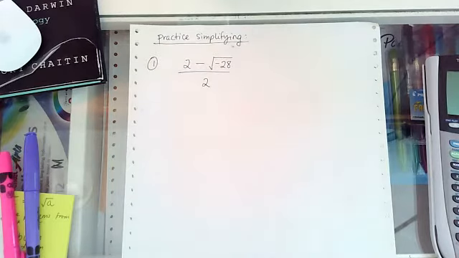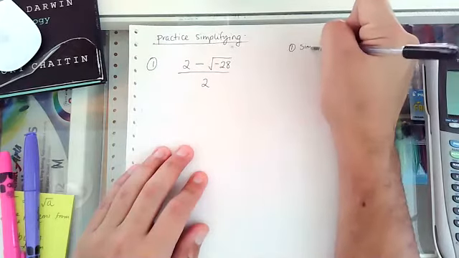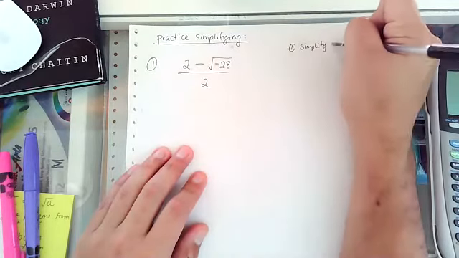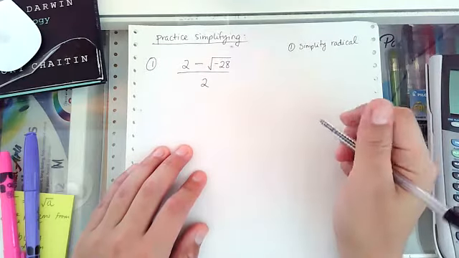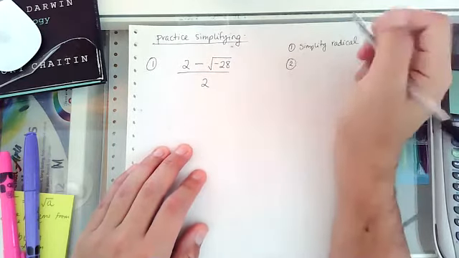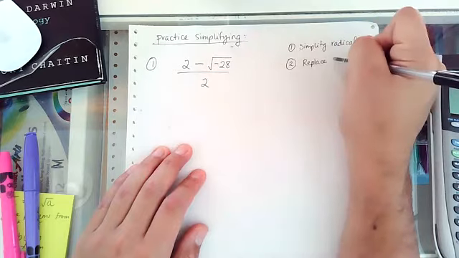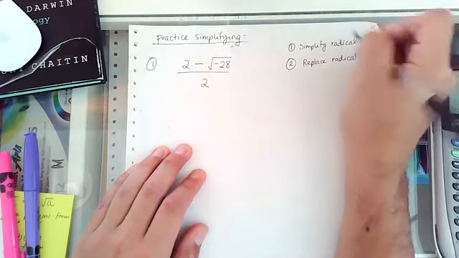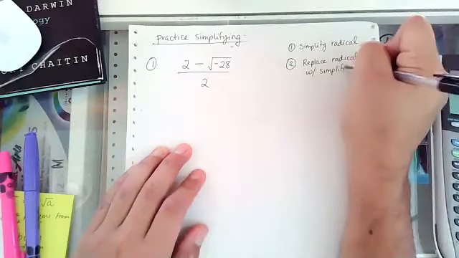And again, I'm just going to recap the steps for simplifying something like this. The first step is to simplify the radical. So take a moment to do that. The second step will be to replace the radical with the simplified form.